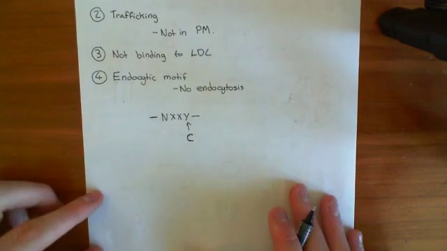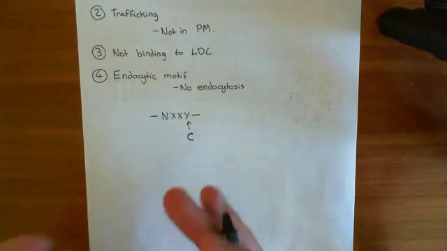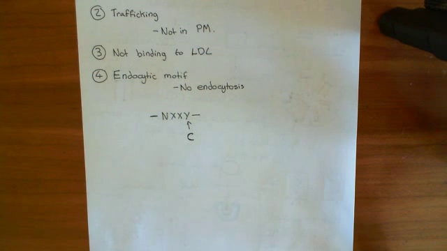Cysteine has a very different structure from tyrosine. So when you replace the tyrosine by a cysteine, it's no longer an endocytic motif. It's no longer recognized by the adapter protein, so you don't get the endocytosis of the LDL receptor when it binds to the LDL, so you don't bring the LDL into the cytoplasm of the hepatocyte.